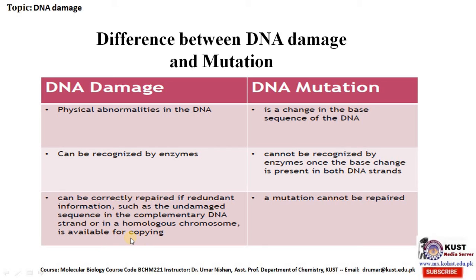So there is a possibility that this damage can be repaired if the complementary DNA strand or a homologous chromosome is available for copying, while a mutation, once it has happened, cannot be repaired, because as I told you before, it becomes part of both DNA strands.